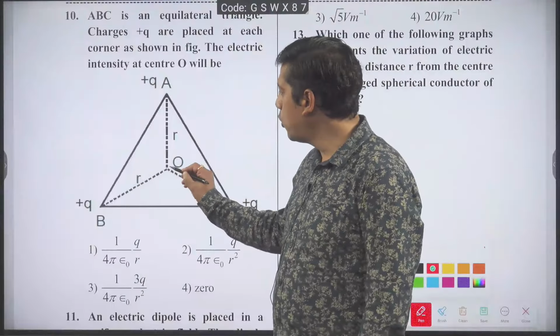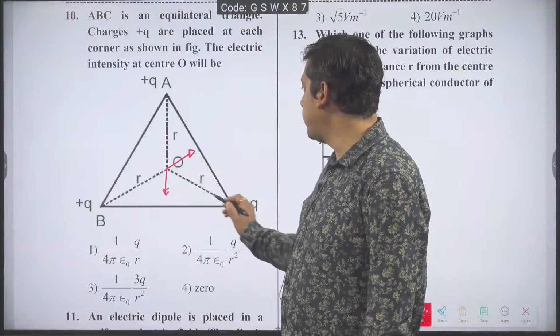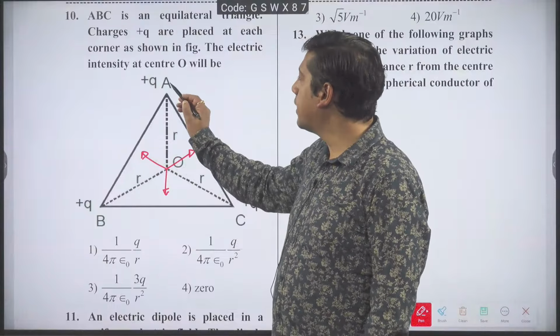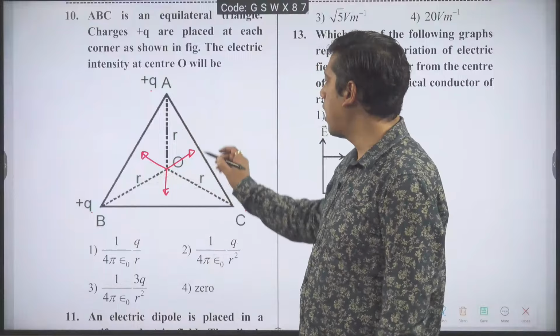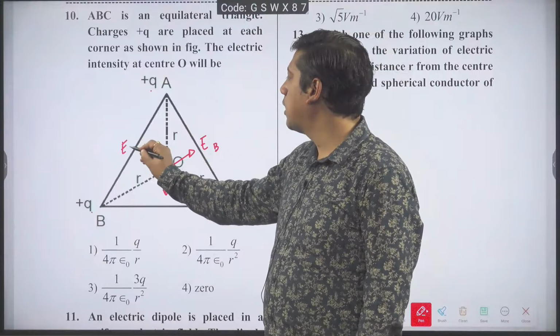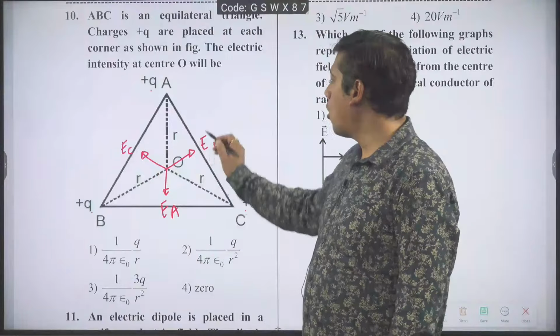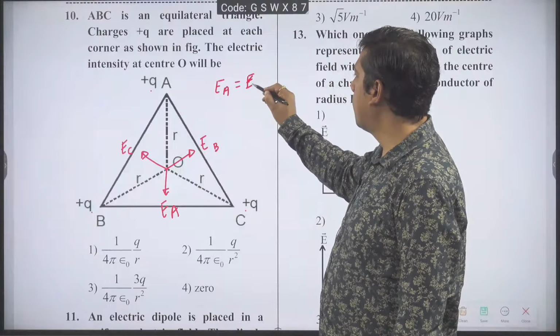So due to this Q, the electric field will be away from it. Due to A, it will be like this, due to C, it will be like this. And since charges are equal, Q, Q, Q, and distances are also equal, R, R, R, the magnitudes of EA, EB, EC, all 3, are equal. Direction is different, but magnitude is equal.